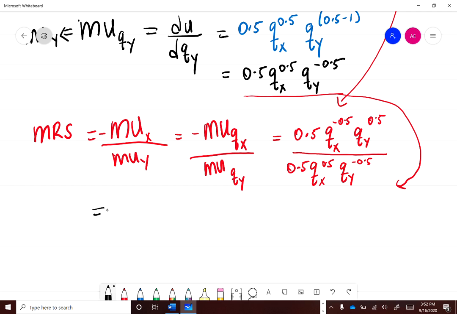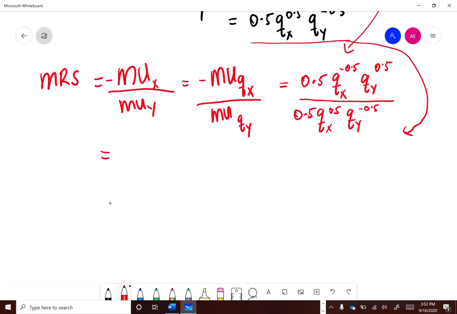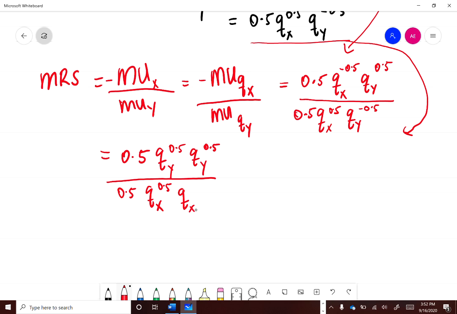So this would be equal to, let's keep with the red, 0.5 times q of y to the power of 0.5, the original, times, we'll bring the other one up here, q of y to the power of 0.5. Notice that we now have y's on top, divided by 0.5 times q of x to the power of 0.5 times, that's the original, this is the one we're bringing from the numerator down to the denominator, q of x to the power of 0.5.